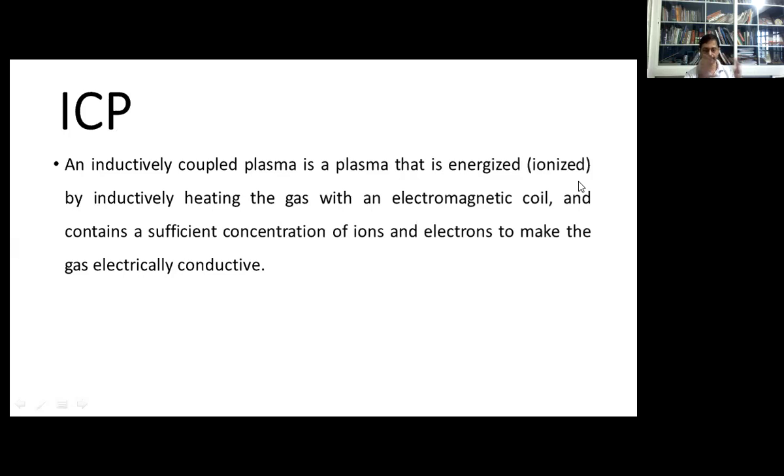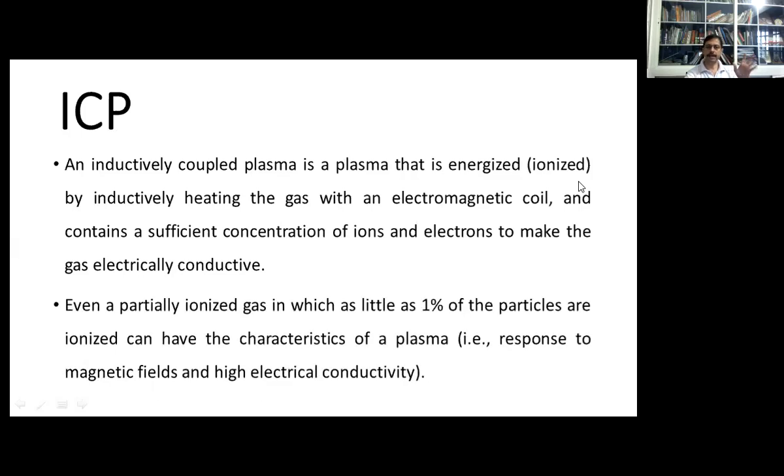Gas is heated to a very high temperature to make it energized, or some atoms of the gas are converted into ions, and this is induced by the electromagnetic coil. Sufficient concentrations of ions and electrons, when generated, make the gas electrically conductive.